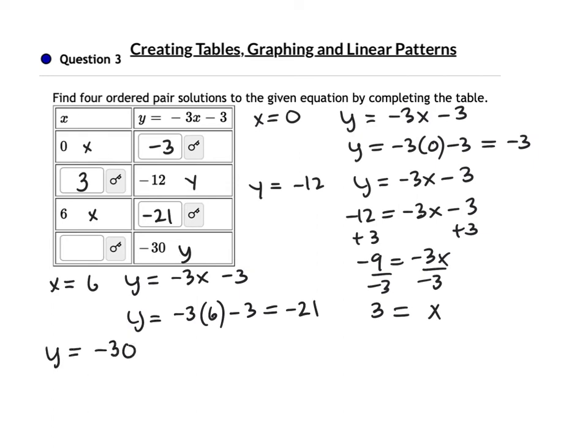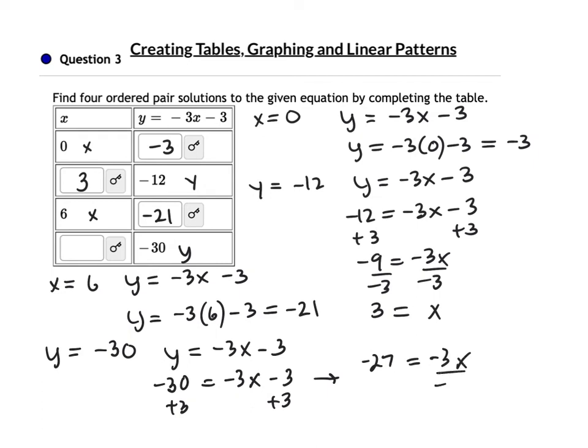So we'll take the equation, and we'll plug in a y of negative 30. Negative 30 equals negative 3x minus 3. We'll add 3 to both sides. That's negative 27 equals negative 3x, and divide by negative 3, and we see that x is 9.